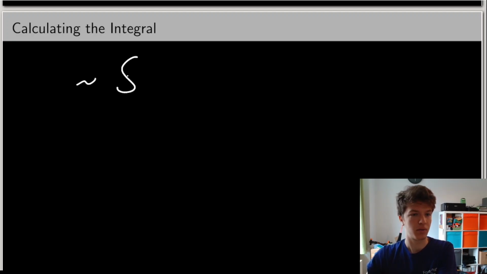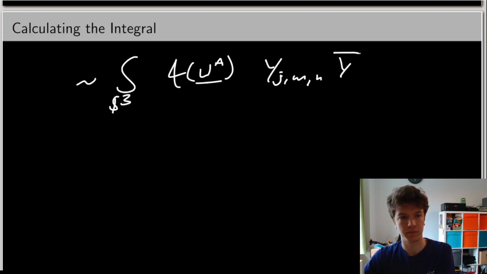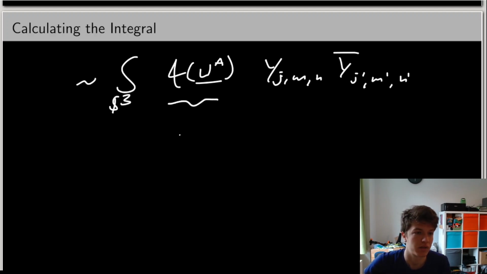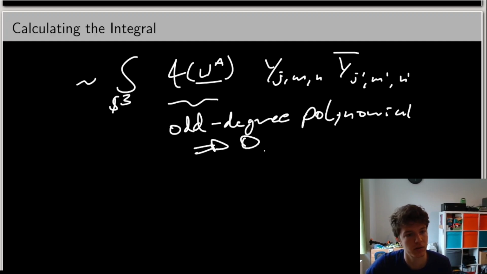So what can be shown in general to do that is that if we have a function of those sphere coordinates and then two spherical harmonics, and we integrate over that, having an odd degree polynomial gives 0 integral.